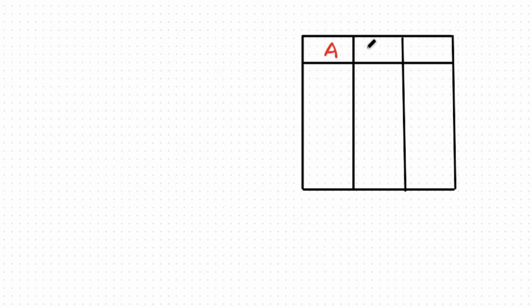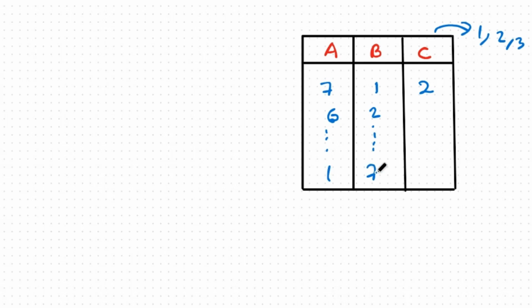Here this is again A, and this is B, and this is C. As we know, the values of C could be 1, 2, 3. We have already taken 1. So this time we take 2. Rest of the students will be 8 members. Let's start from here, 1 and 7, 2 and 6, and so on, up to here we get it as 7 and here it is 1.